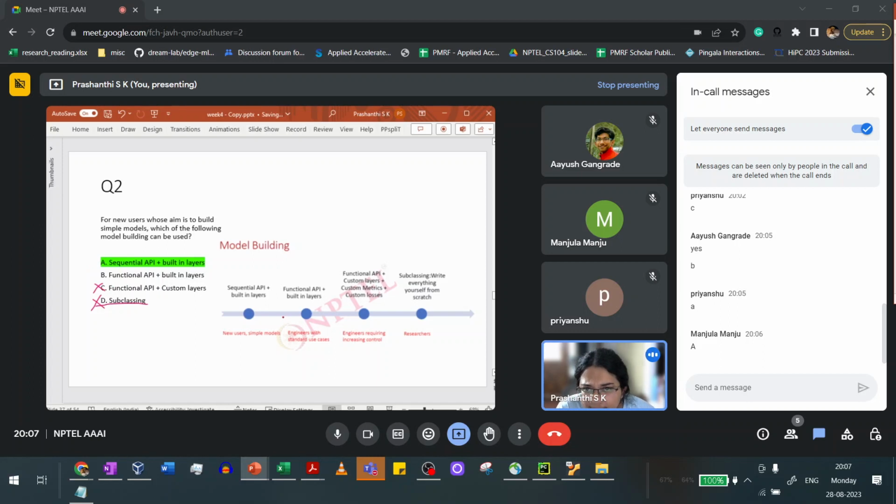And these are close enough, right? So this is for people who want to use simple models by defining some built-in layers. You could also use functional API, but again, because it specifically mentions new users and simple models, the closest fit to this question would be sequential API plus built-in layers. Functional is a close enough answer.